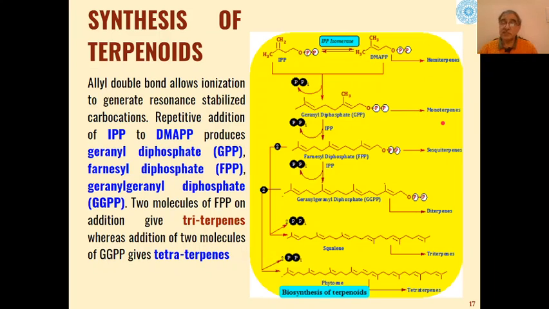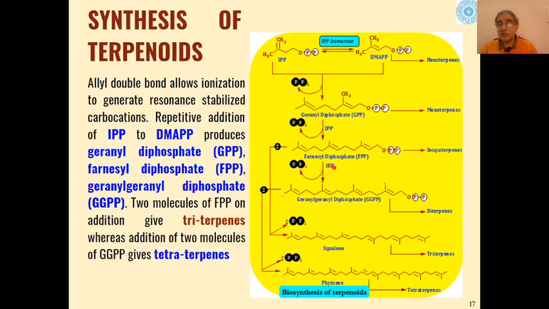Then this geranyl diphosphate on reaction with one more molecule of IPP, with the elimination of a diphosphate, is converted into farnesyl diphosphate, FPP, which is your sesquiterpenes.